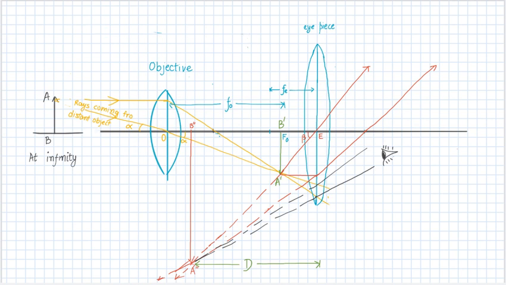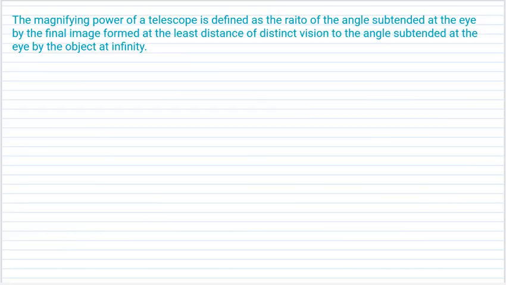So from this figure, let your angle A dash O B dash be your angle alpha, and your angle A dash E B dash be your angle beta. Let us write this down first.